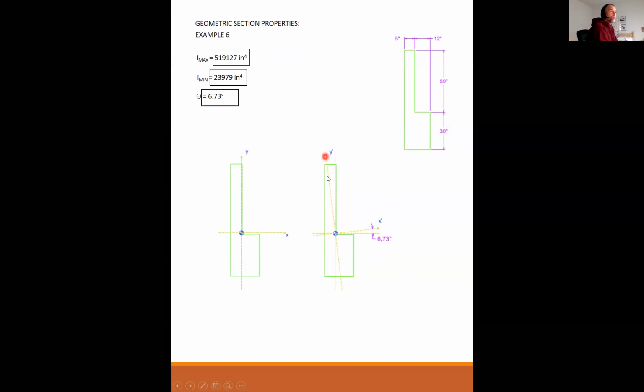And about this Y prime, what's really interesting is when you rotate the axes, you rotate them both together. They're still 90 degrees apart, but the maximum is always 90 degrees away from the minimum. So if I found the maximum is at 6.73 degrees rotated, then the minimum is also rotated 6.73 degrees, and it's about this slanted axis here.